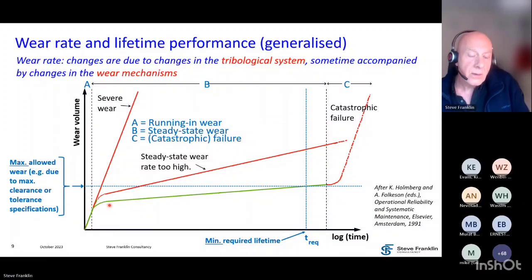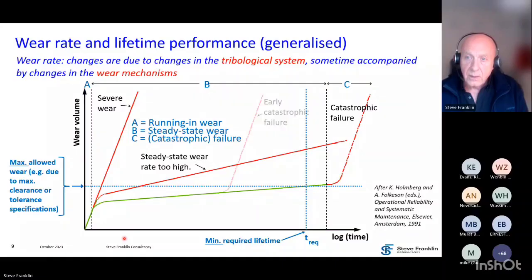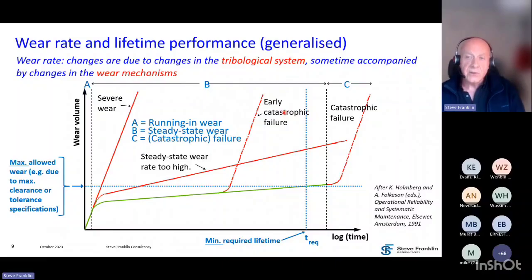It can happen that the steady state wear rate is simply too high, where we exceed this maximum allowed wear too soon before the minimum required lifetime is achieved, or some sort of early catastrophic failure can occur too early, like some sort of surface fatigue behavior, which causes failure. That also means that the maximum allowed wear is exceeded too quickly.